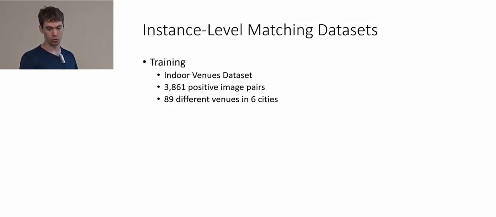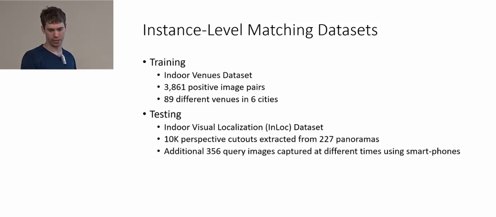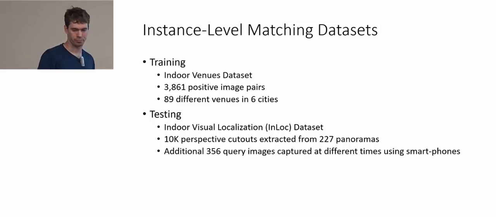They used Google Maps to find about 4,000 indoor image pairs taken at 89 different venues in 6 cities. And for testing, they used the indoor visual localization dataset, which has about 10,000 images made from panoramas and 300 more taken from smartphones at a different time, different lighting conditions.